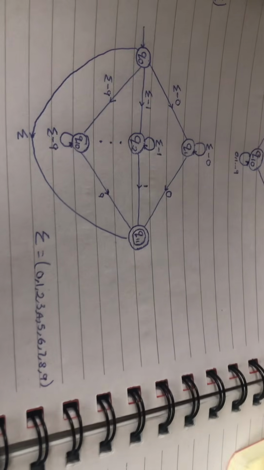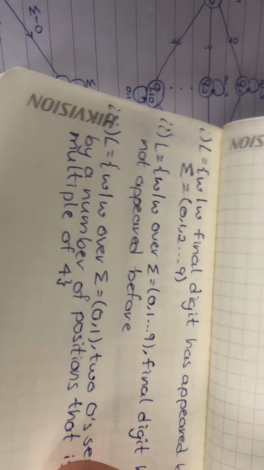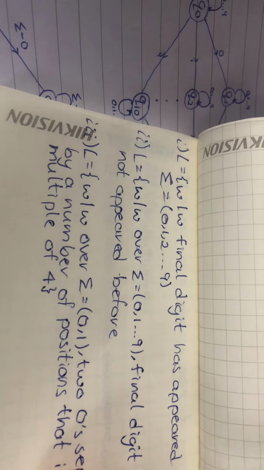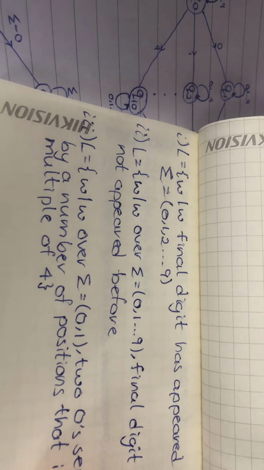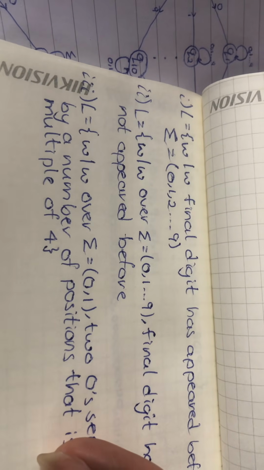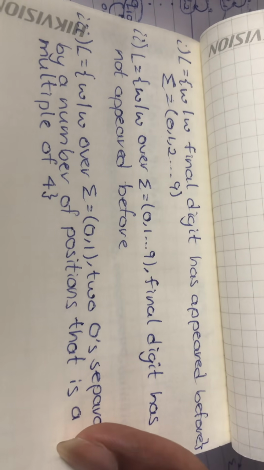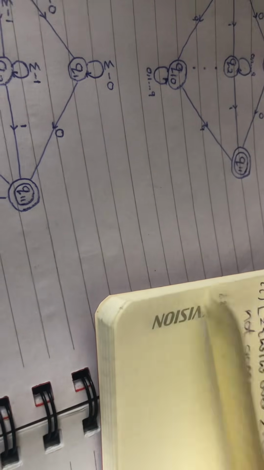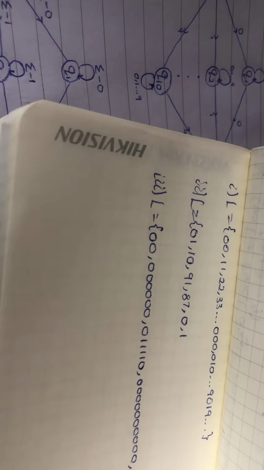The second one: the language should be a set of strings over the alphabet 0 to 9, such that the final digit has not appeared before. The language can contain, let's say, 0, 1.